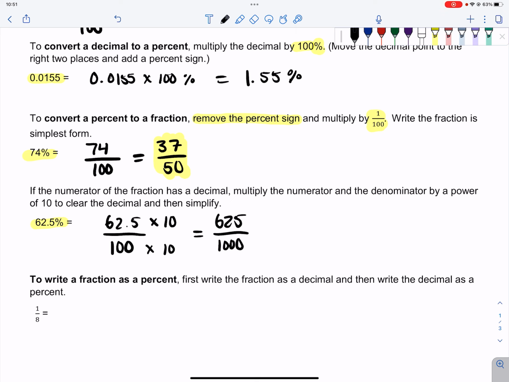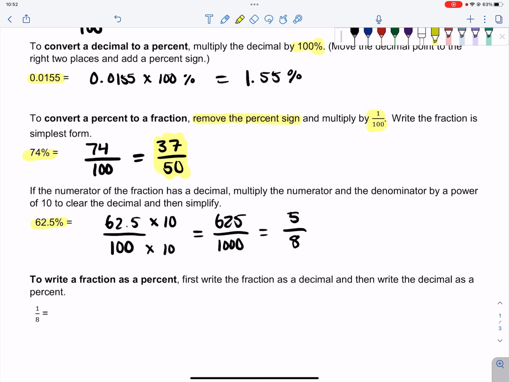If we reduce it, that gives us 5 over 8. A lot of times, a scientific calculator will be able to reduce the fractions for you as well, once it no longer has the decimals in it.